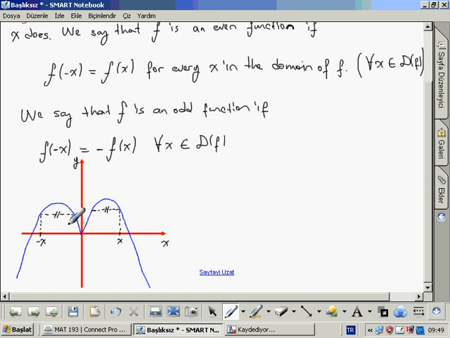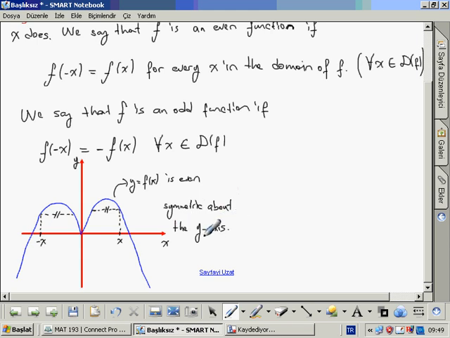And we can say this f of x function is an even function, and all even functions are symmetric about the y-axis.